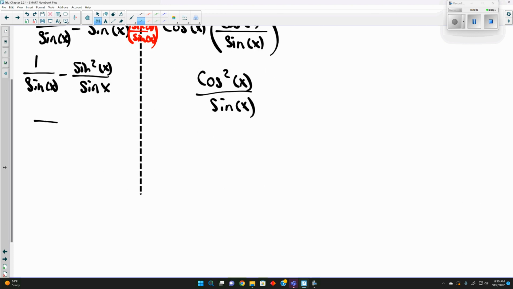Because now the one on the left, the numerator is 1 minus sine squared of x over sine of x, yes? Well, what's 1 minus sine squared of x? Cosine squared of x over sine of x. The two sides are now the same, yes? So we're done. Questions on any of this here?